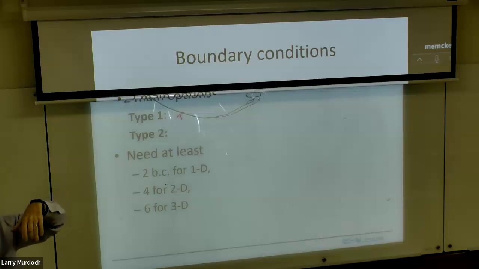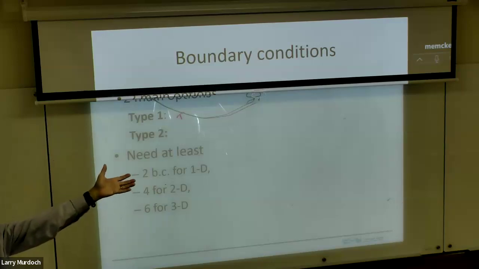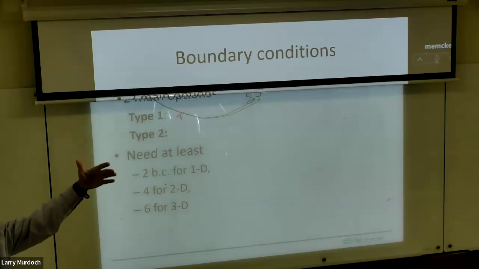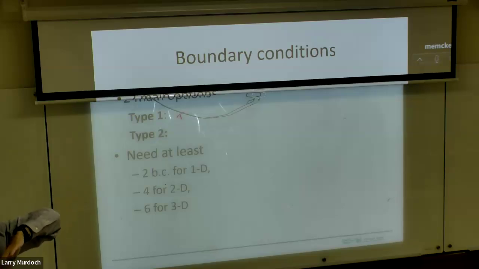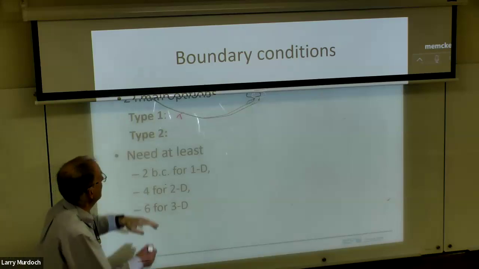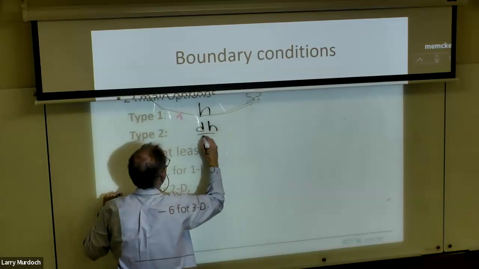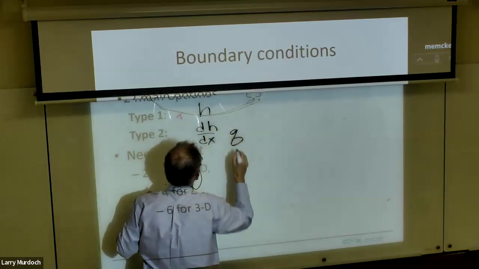The boundary conditions will be specifying something about the hydraulic head, either what the hydraulic head is, or what the derivative, what the gradient of the hydraulic head is. The gradient is proportional to the flux, so when we specify the gradient, we also think about it as specifying the flux. So those are the two main types of boundary conditions. Type 1, we specify H. Type 2, we specify the gradient or the flux.